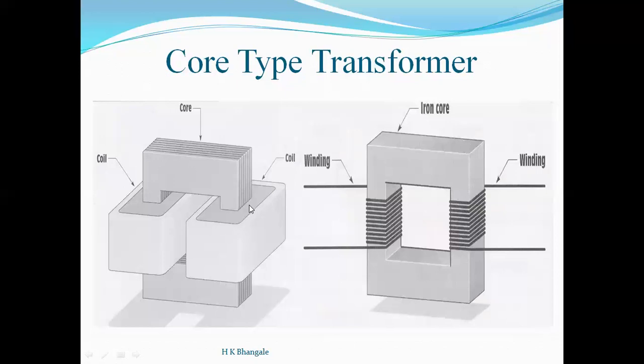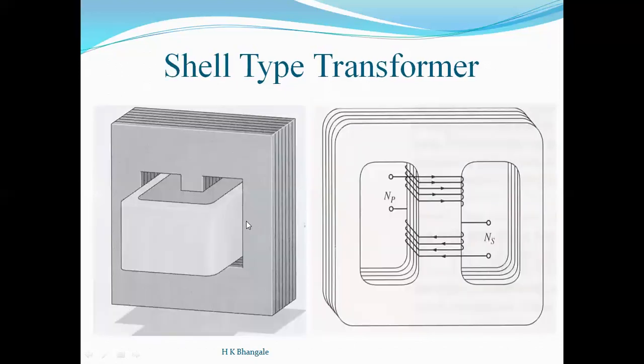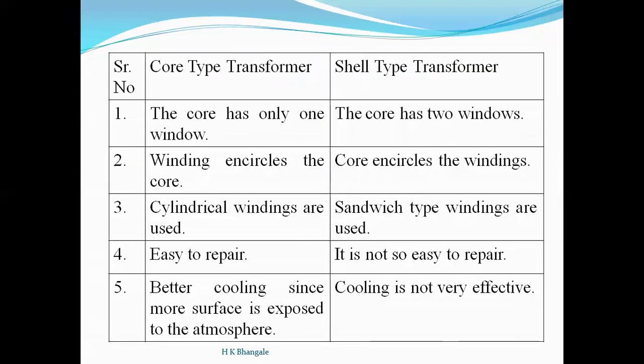Third difference: in core type, cylindrical windings are used, while in shell type of transformer, sandwich type of windings are in use. Core type is very easy to repair, maintenance is easy, while shell type is quite complicated, so it is not so easy to repair.